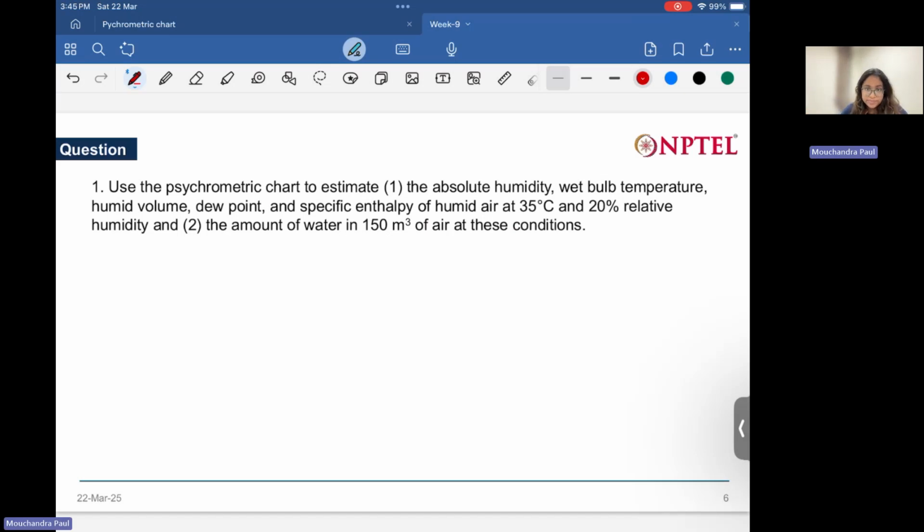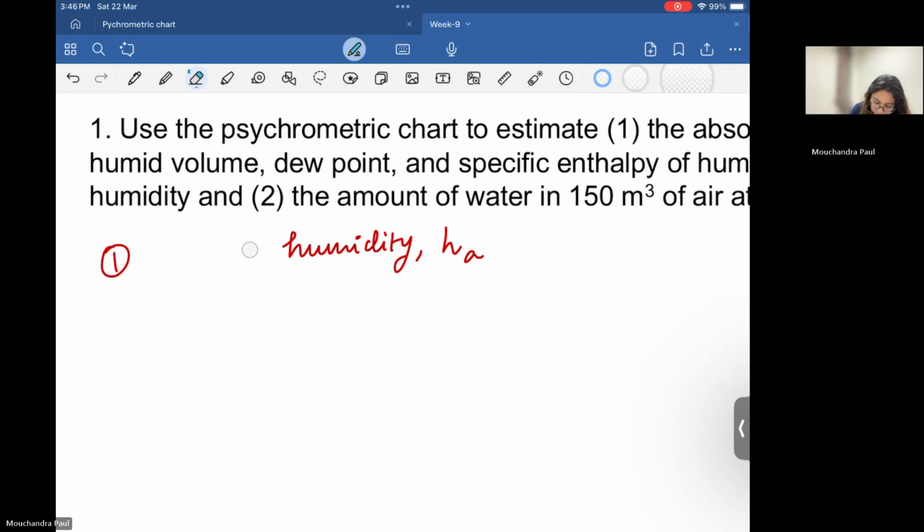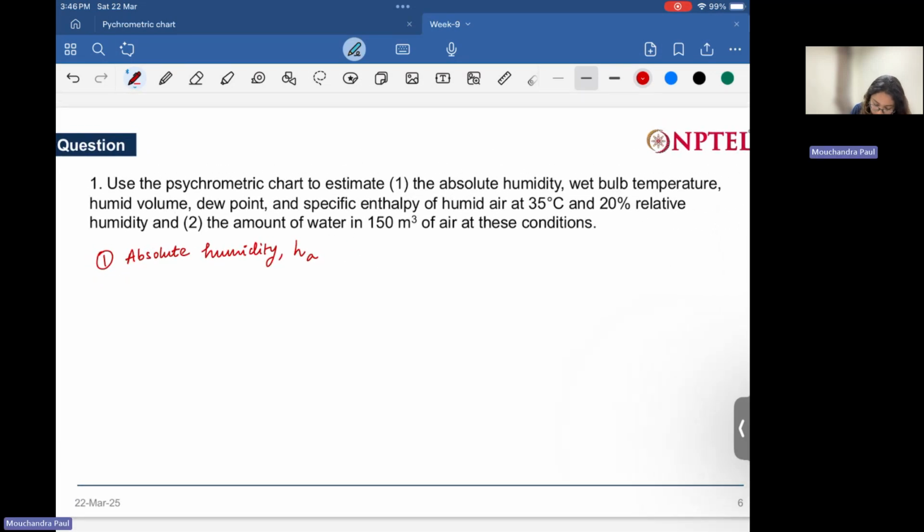We have to use the psychrometric chart to estimate first absolute humidity, that is, in short, written as HA, then wet bulb temperature, TB, humid volume, represented as V hat, dew point, and specific enthalpy.